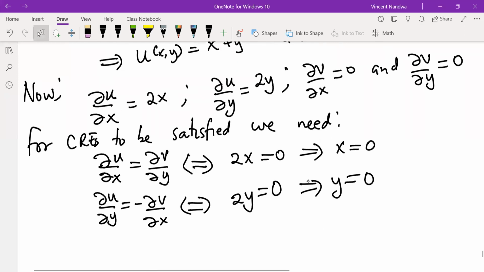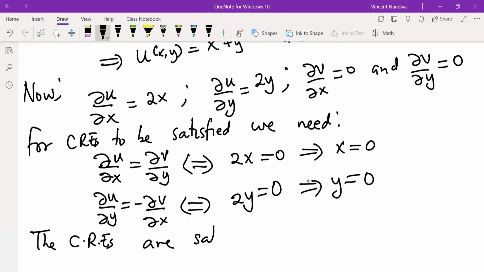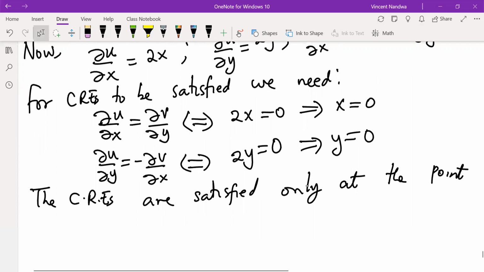So we say that the Cauchy-Riemann equations are satisfied only at the point x comma y, which is 0, 0.